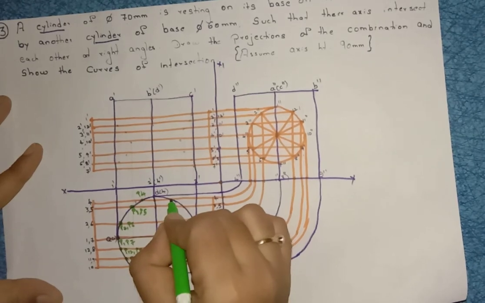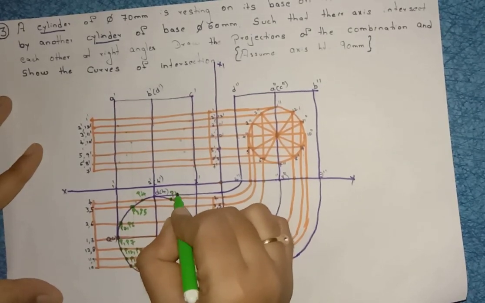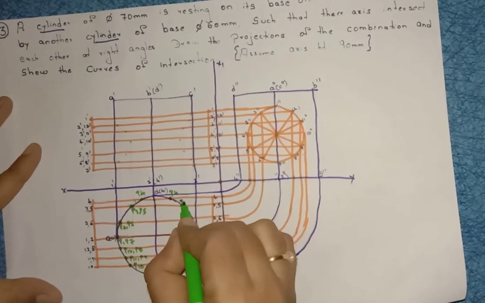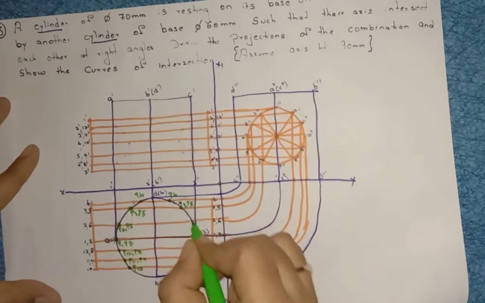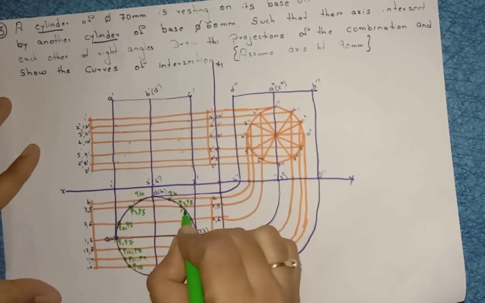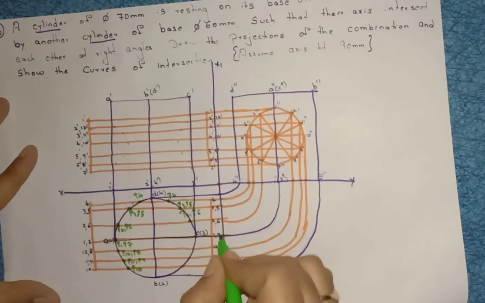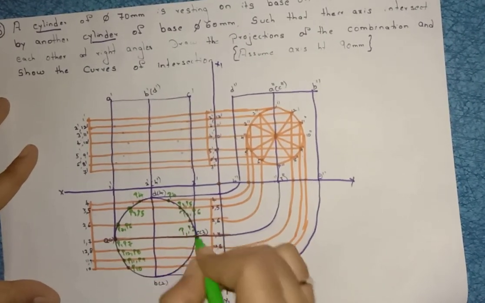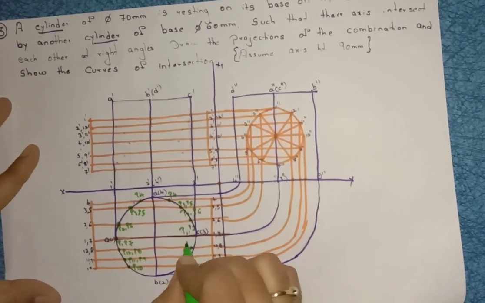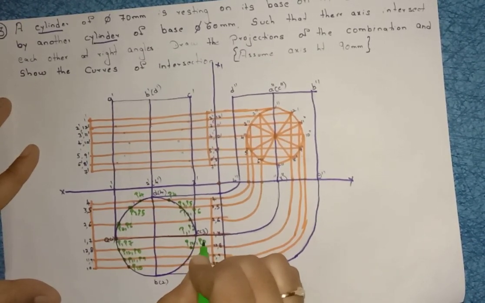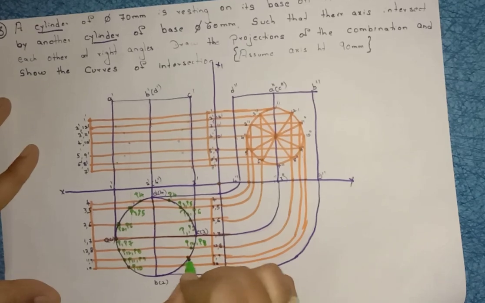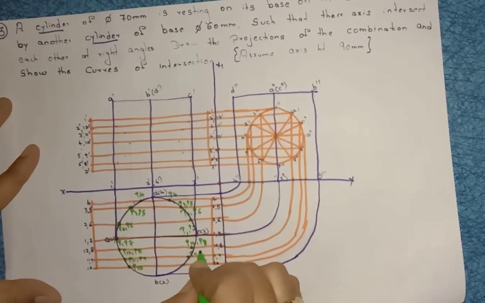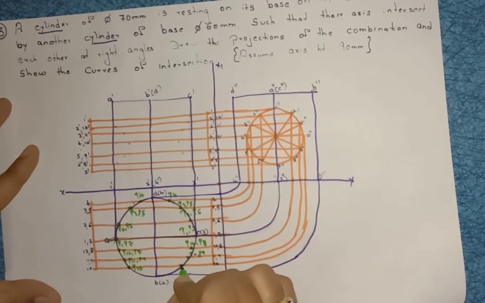Same here also, same intersection points, name it here as P4, P3 comma P5, here P2 comma P6, and here P1 comma P7, and here P12 comma P8, and here P11 comma P9, and the last one is here P10.